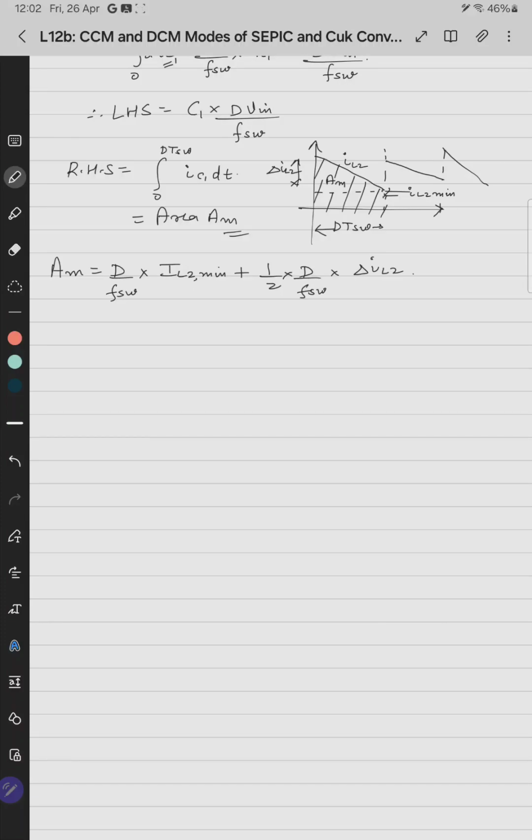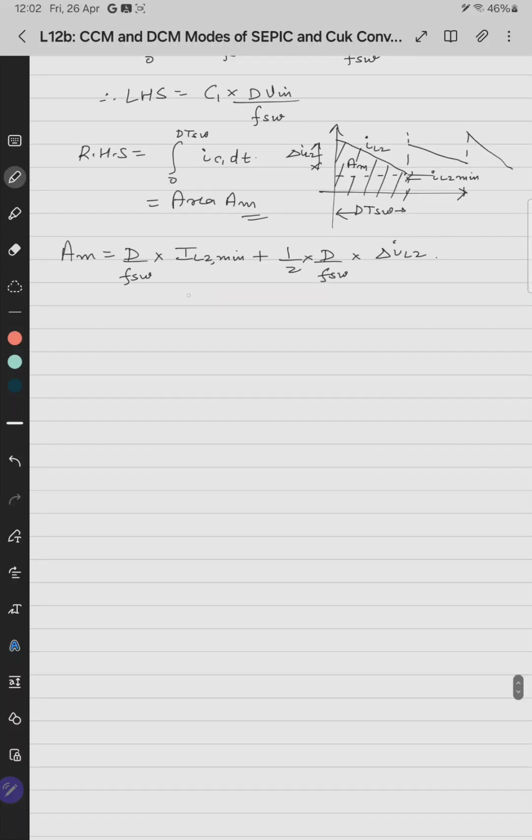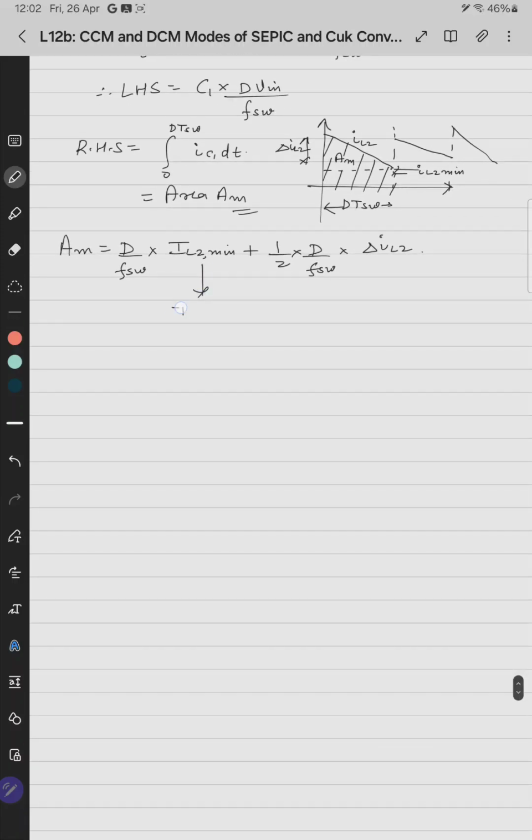And what is IL2 minimum? IL2 minimum is capital IL2 minus delta IL2 by 2. So therefore AM is D by F switching into IL2 minus delta IL2 by 2 plus D by 2 F switching delta IL2.